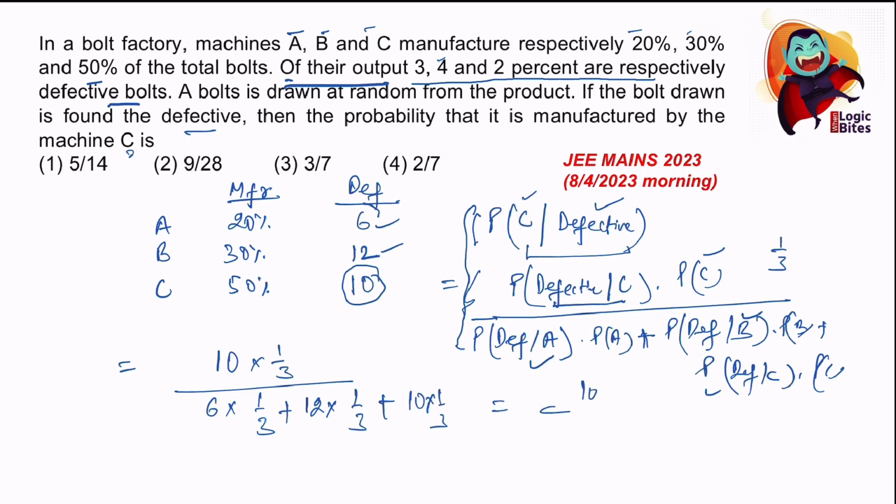So 10 divided by 6 plus 12 plus 10. So 10 plus 12 is 22, plus 6 is 28. So 5 by 14. So yeah, our answer is here.